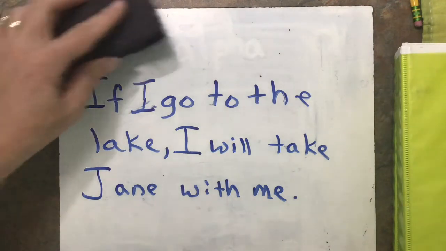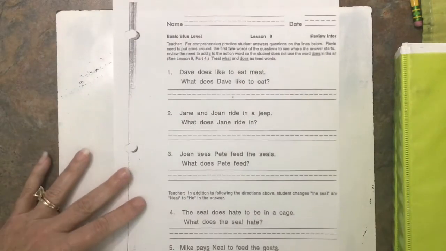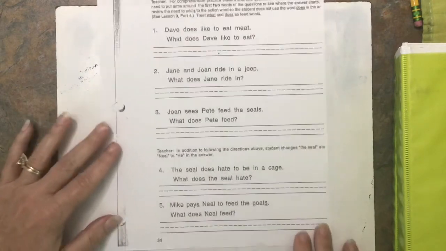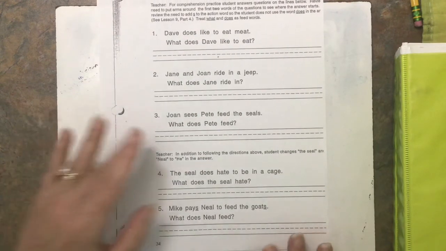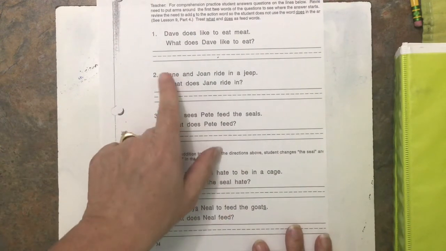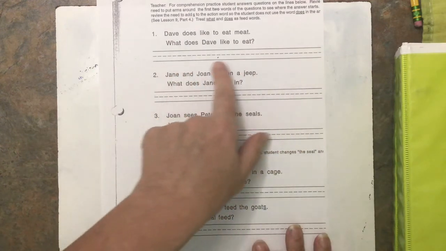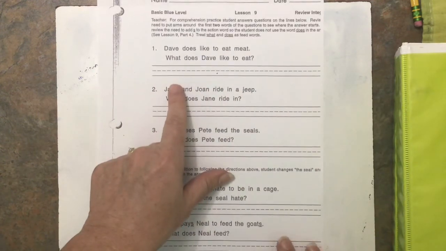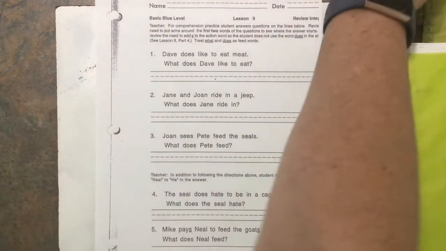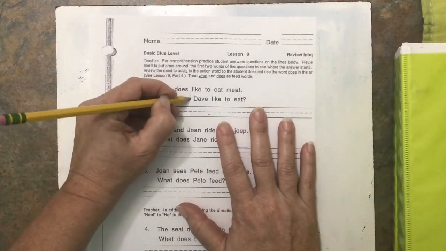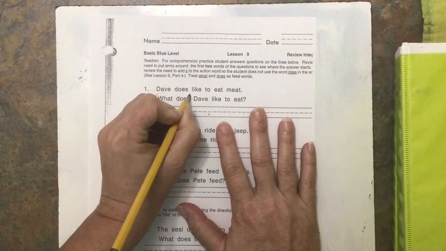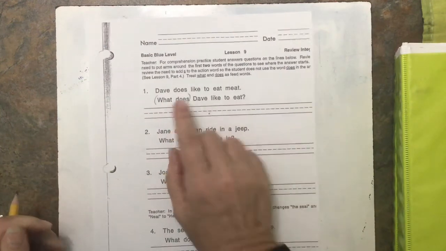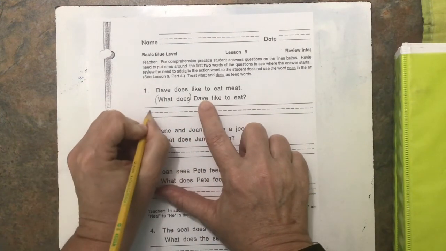Here are your worksheets, the rest of your worksheets for this lesson. I'm giving you some practice with answering questions. Remember, we just practiced capitalizing, so make sure that you're using capital letters where you should be in your answer choices. Remember to build your answers by putting arms around the two asking words, starting your sentence with Dave.